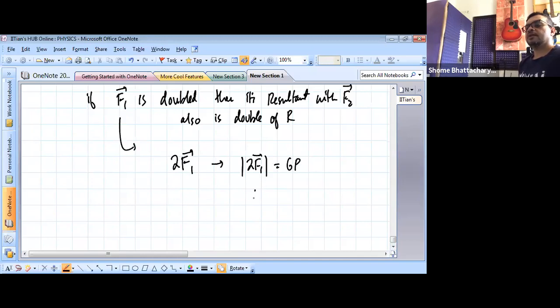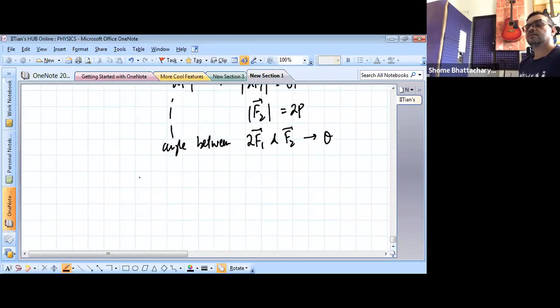And F2 has a magnitude of 2p already, you see. But then what is happening? The angle between 2F1 and F2 is still theta only. So if the resultant of these two is now R prime, this resultant will have a magnitude of this much.